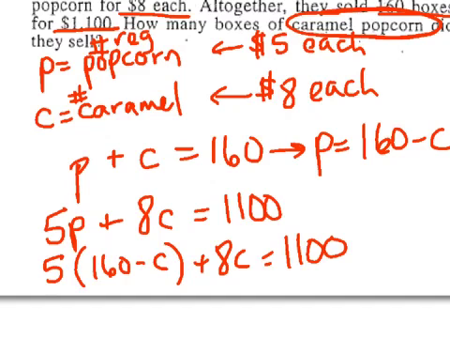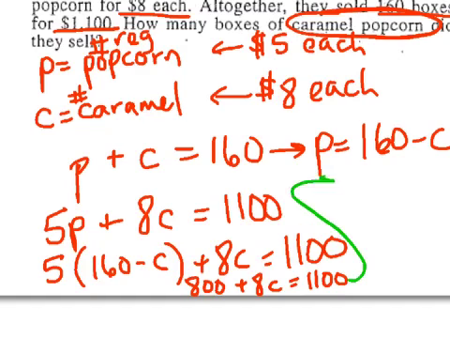Okay, so let me erase some of this up here. It's not going to let me. Alright, so 5 times 160 is 800 plus 8c equals 1100. Okay, so that's going to be subtract 800, so that's 8c equals 1100 minus 800, which is 300.